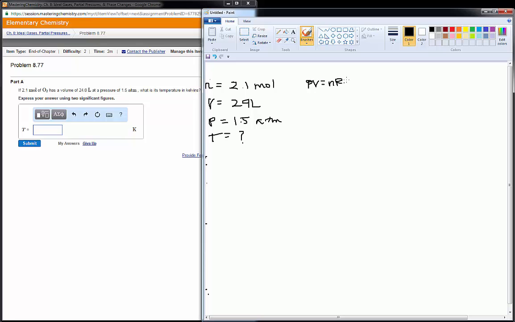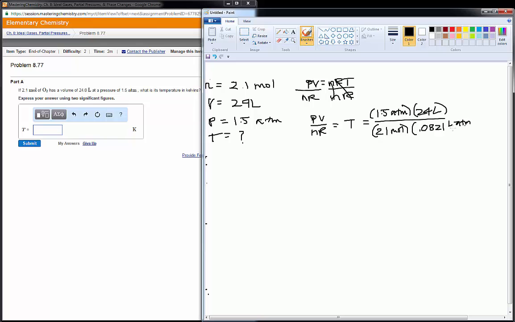PV equals nRT. Solve for temperature, divide by N and R. So PV over NR is equal to T. P was 1.5 atmospheres. V is 24 liters. N is 2.1 moles. And R is 0.0821 liter atmospheres per mole K. And I get units: liters cancel, atmospheres cancel, moles cancel.